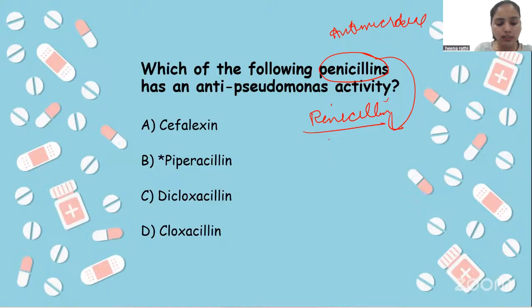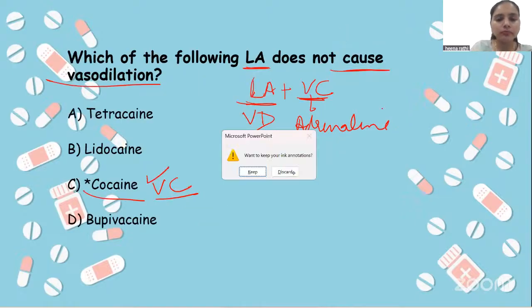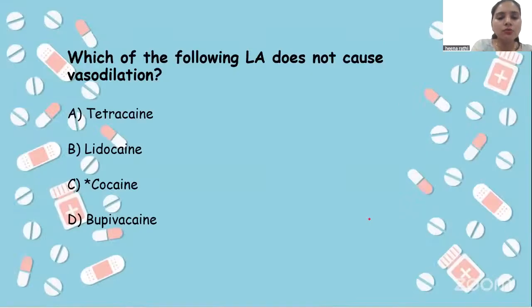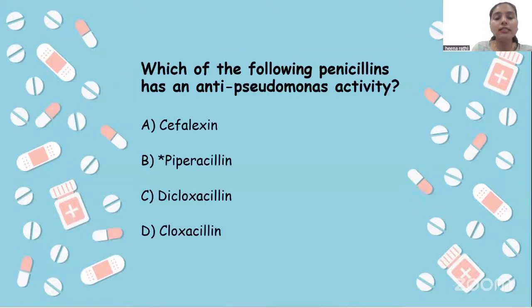Amoxicillin is the penicillin, and the beta-lactamase inhibitor which we add with it is clavulanic acid. Amoxicillin with clavulanic acid is effective for most gram-positive and aerobic bacteria. It has lesser affinity for pseudomonas.